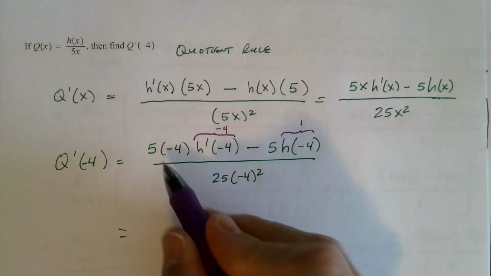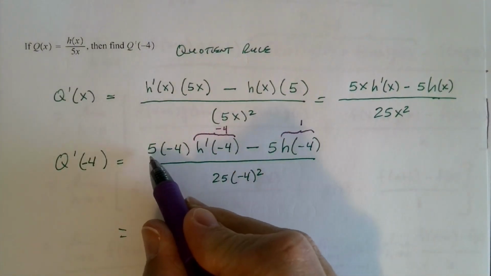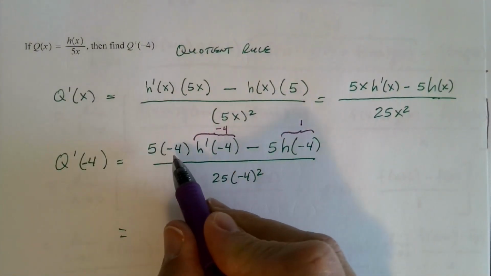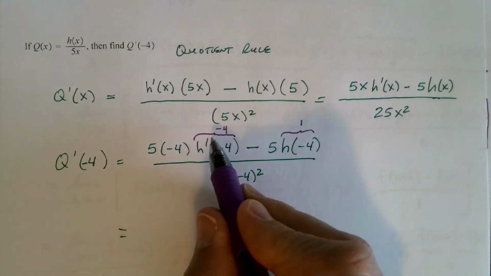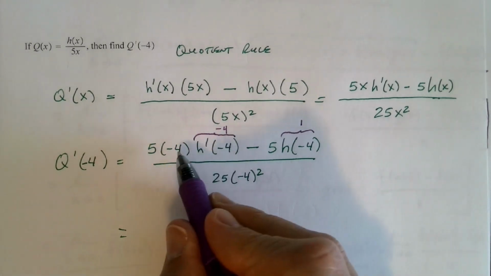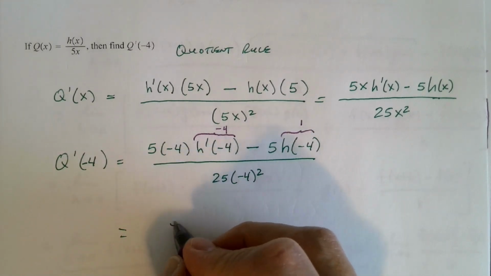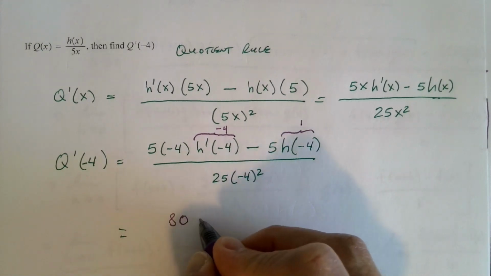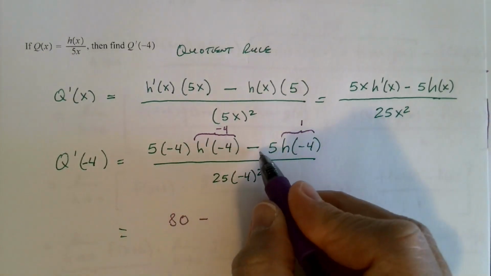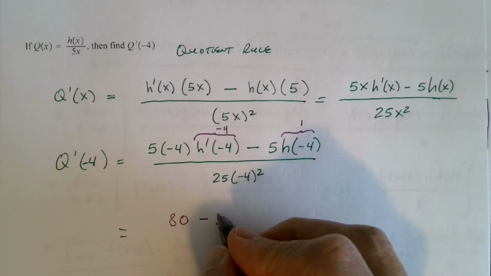So let's do the math here. 5 times negative 4 times negative 4. Negative 4 times negative 4 is positive 16. 16 times 5 is 80. Minus 5 times 1 is 5.